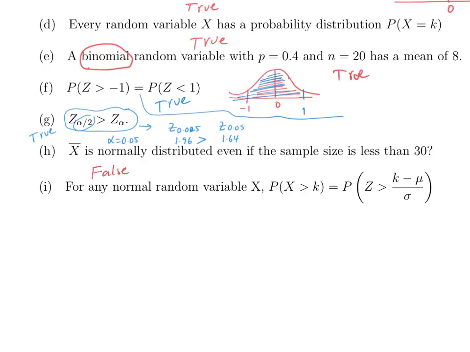And finally, it says for any normal, so you know it's normal, the probability that x is greater than some value k is equal to this. This is true because that's how you find the standard values. This is just a different way of writing that. So therefore, this is completely true.